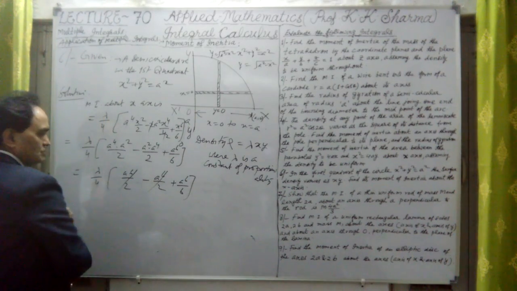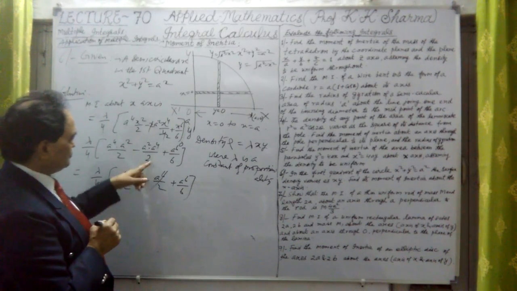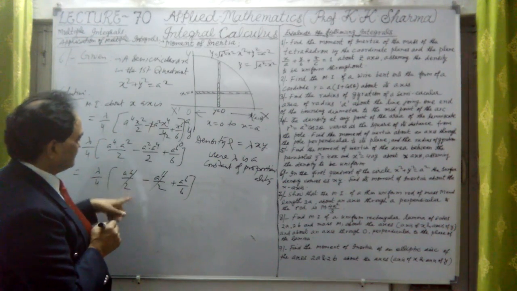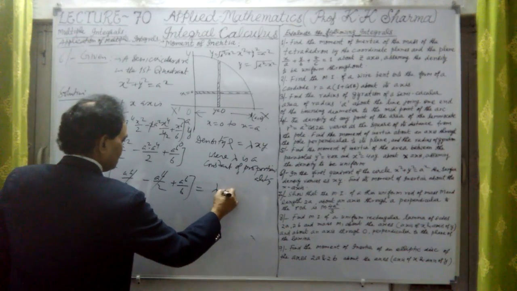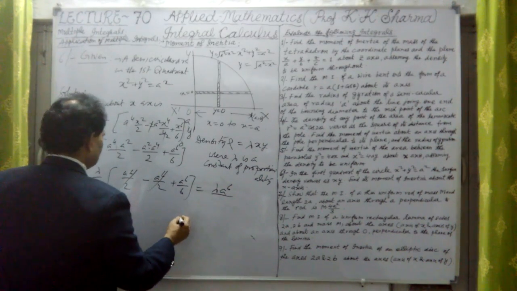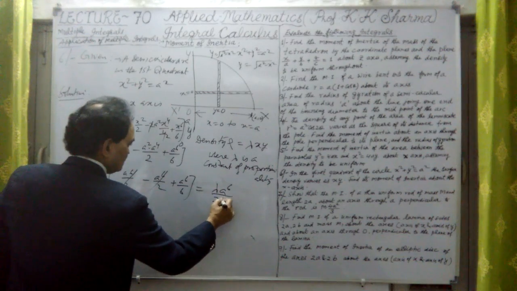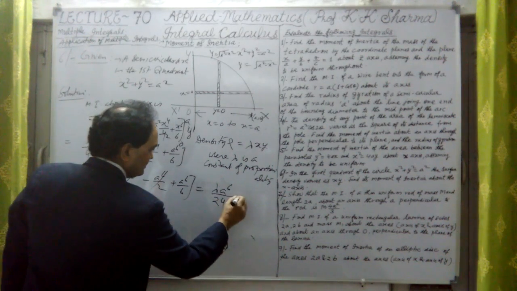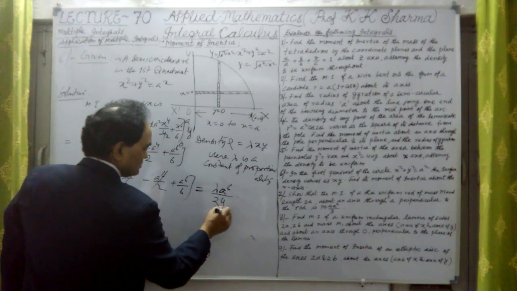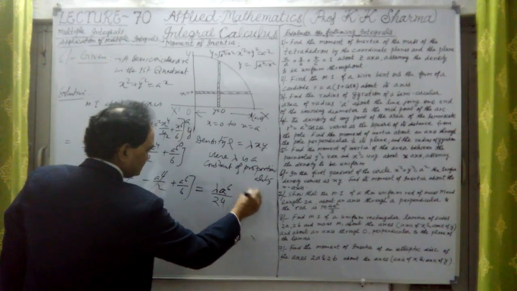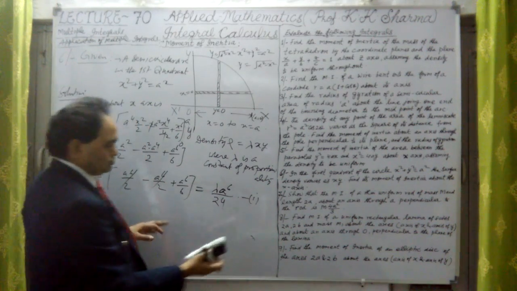These two are cancelled out, a⁶ upon 2 and minus a⁶ upon 2. Only this value is left. This is lambda a⁶ upon 6 times 4, which is 24. So MI is lambda into a⁶ upon 24. Only this MI was to be calculated.